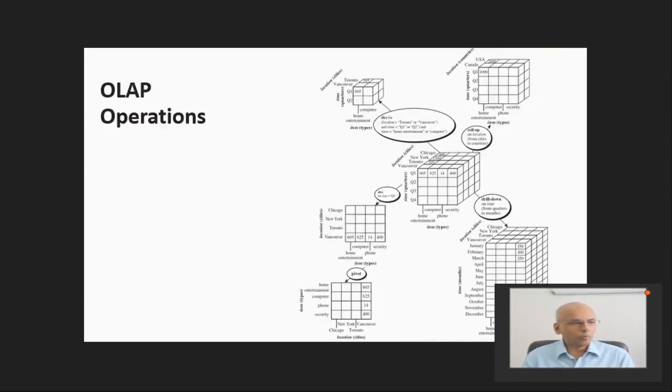To look at these operations in a pictorial way, here you can see that when you go for a roll up, you are getting fewer dimensions, and when you do a slice or drill down, you are getting more information. The drill down can be that from a quarter you go to the months.